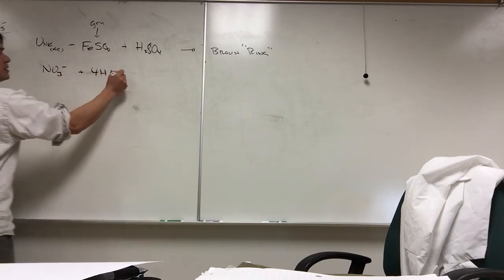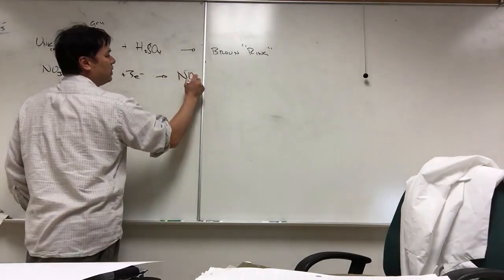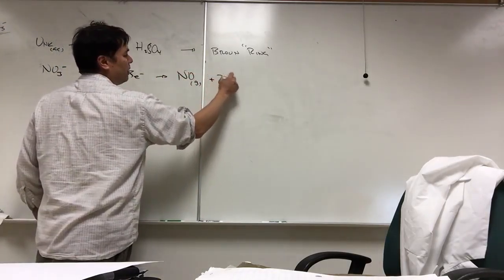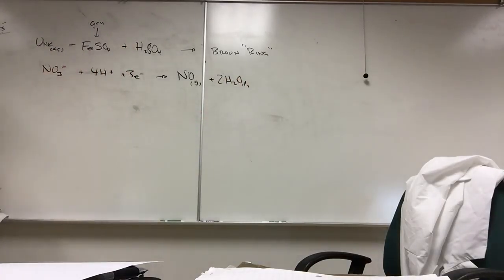And so nitrate with acid, this is the half reaction that we get from our book. It goes to NO gas plus 2 H2O liquids. And so nitrate and acid is a pretty good oxidizer, and iron 2 is a good reducer. You know, iron 2 is not stable in air. Air is plenty powerful enough to oxidize it to iron 3.